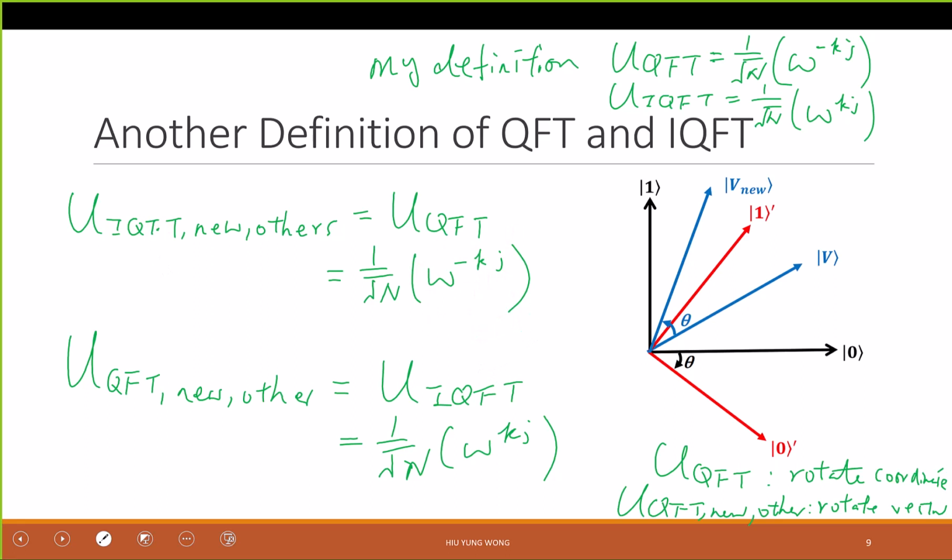So in this class, all of us, you can ignore this line and just follow my definition. But if later you see someone saying something opposite to mine, where their quantum Fourier transform looks like my inverse quantum Fourier transform, come back to this line, because we just have different naming systems. That's it.